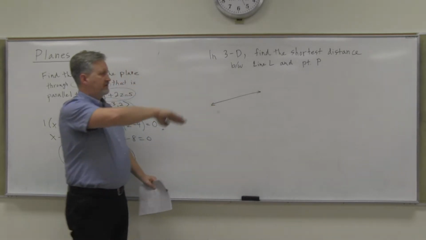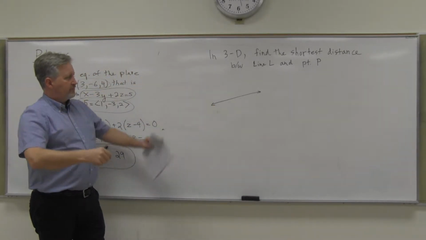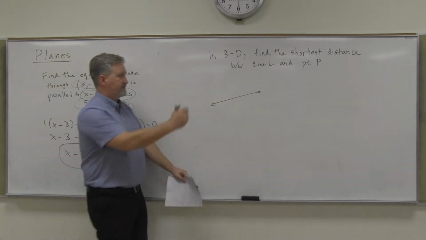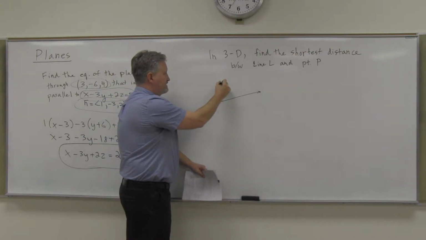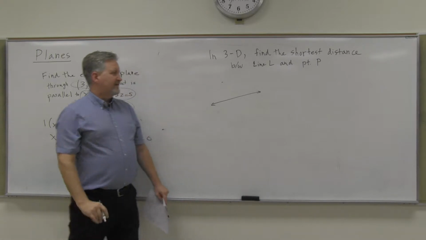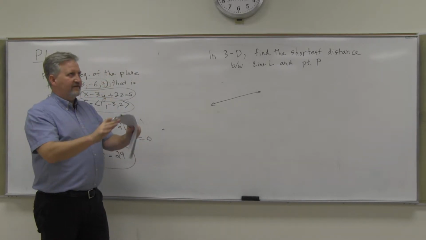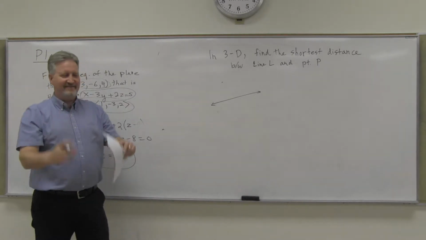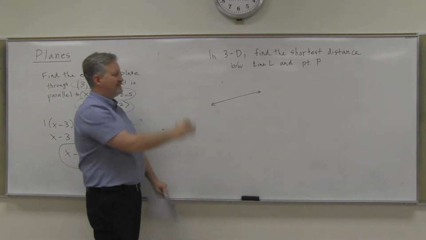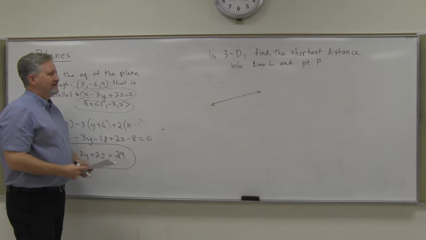That line could be anywhere. The point doesn't necessarily have to be in the same plane, but for ease of drawing, in some ways they are in the same plane, whatever the plane is. Let's just make it the surface of the board here. Okay.